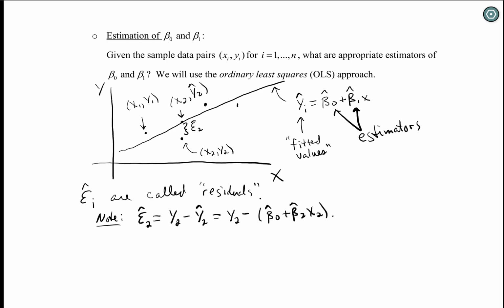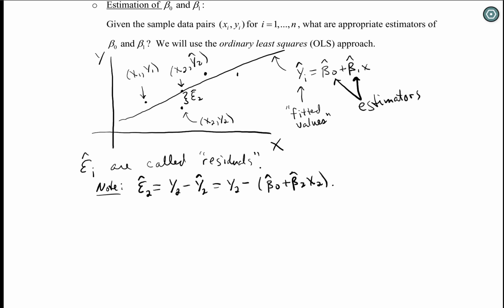Now what do you mean by distance? It can be defined in a number of different ways, but the distance measure we're going to look at involves these residuals. You want these residuals to be small. Well, we can minimize the squared residuals, the sum of the squared residuals.